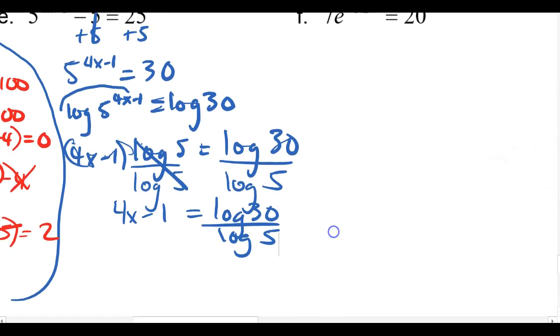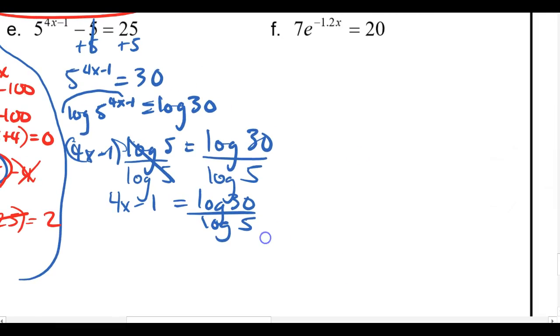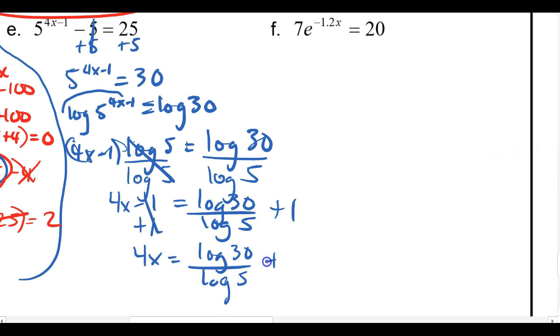And then let's add 1 to both sides. Okay. So we have 4x equals log of 30 divided by log of 5 plus 1.